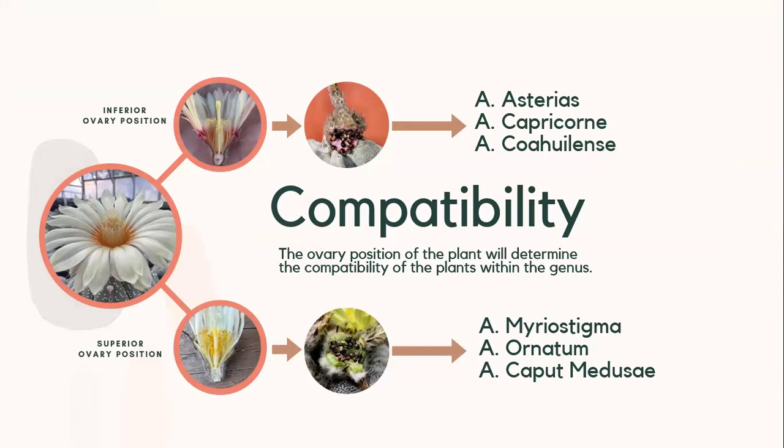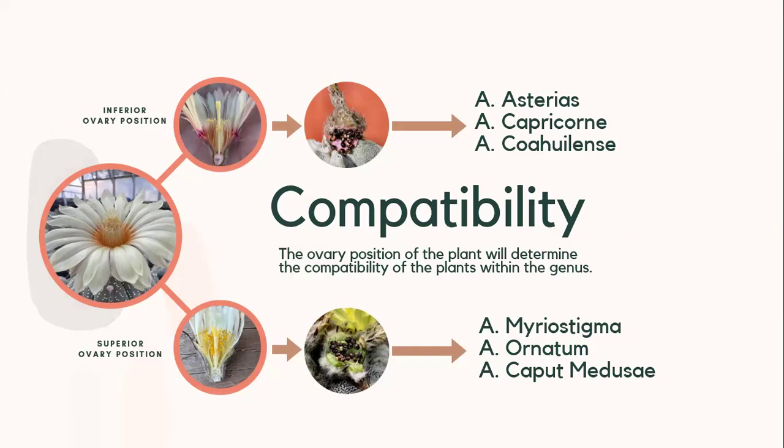So within the Astrophytum genus, like what I mentioned earlier about the myriostigma and the coahuilense, they can't make seeds because they are not compatible. They have different ovary positions. So it's useless to put all your work there. You can't really get a seed out of that.